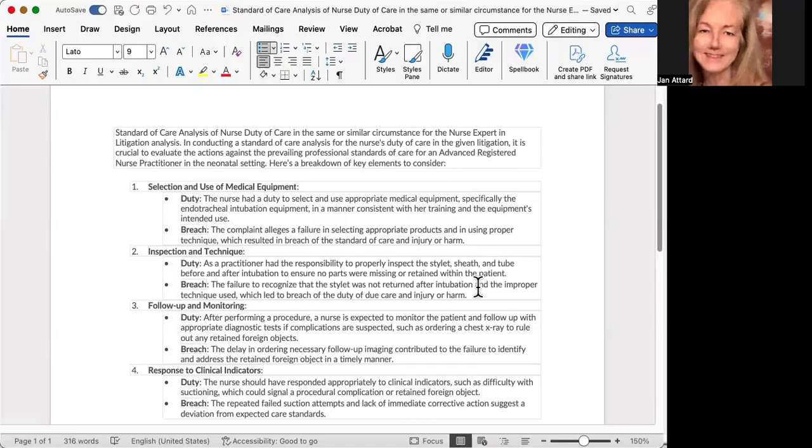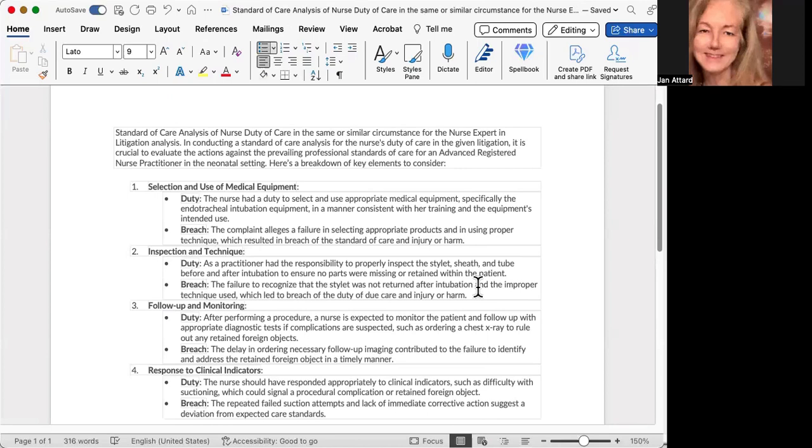So monitoring after any kind of performance, it is the nurse's expected duty to immediately see that improvements occurred. Maybe we're dealing with a resuscitation, the baby got better, or the baby didn't, or the mother. Whether we're resuscitating, we're giving blood, we're doing hypertensive crisis. So what are we doing immediately?